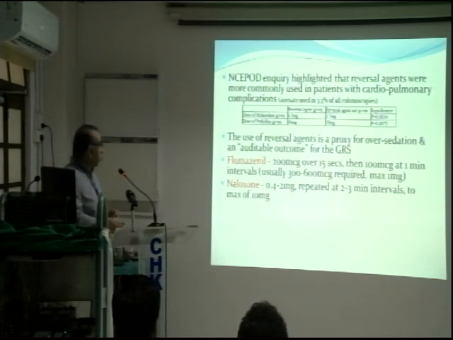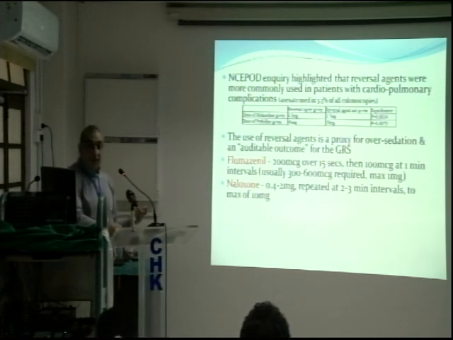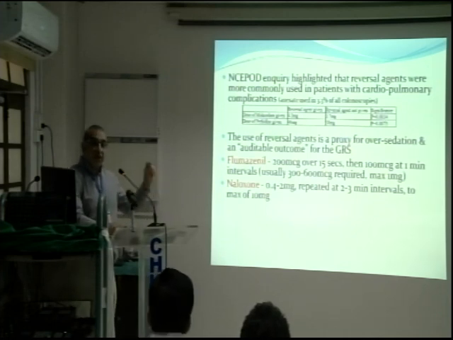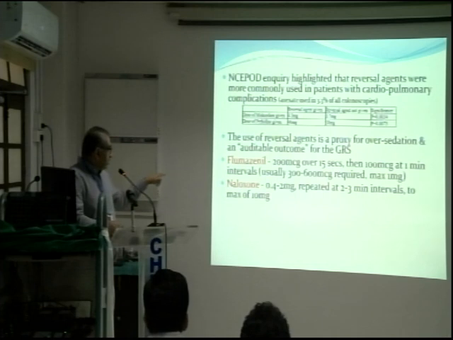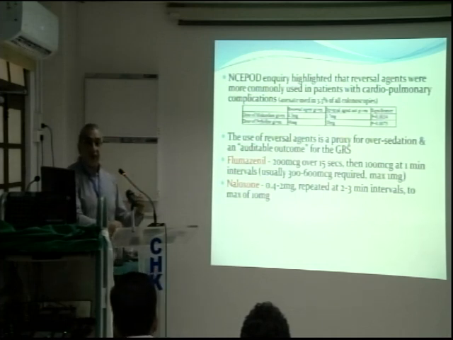Nowadays, as you all know, you can give flumazenil for benzodiazepines. You can give naloxone or Narcan for opioids. Anytime I give a flumazenil or a naloxone during my procedure is an auditable procedure. It is noted.